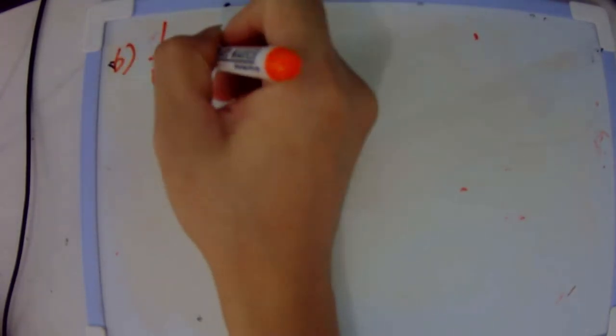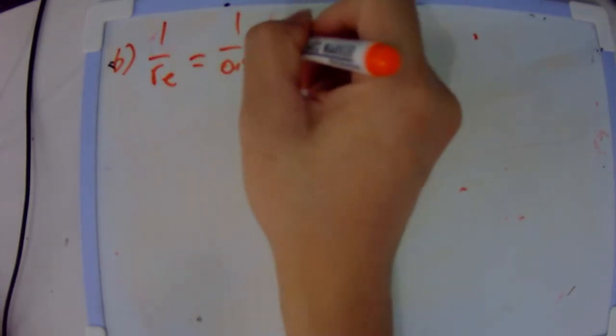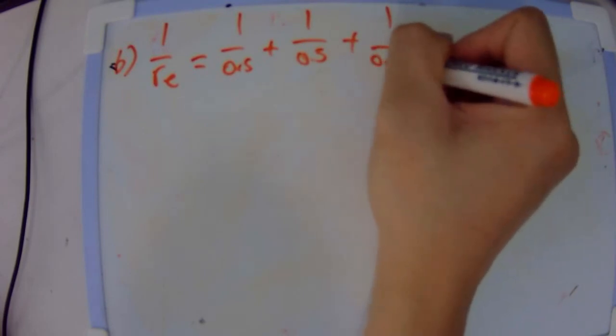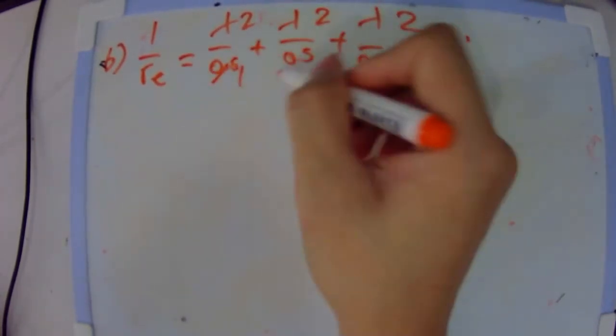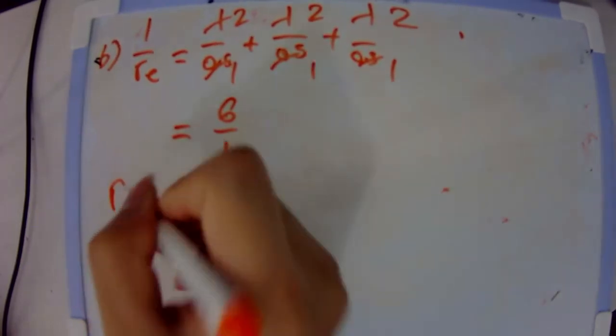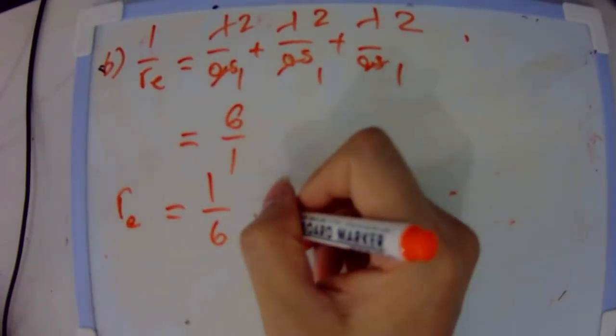Since we have 3 batteries, we add 3 times: 1 over 0.5 plus 1 over 0.5 plus 1 over 0.5. So basically 2, 2, 2, which is 6 over 1. So the total effective resistance is 1 over 6 ohms.